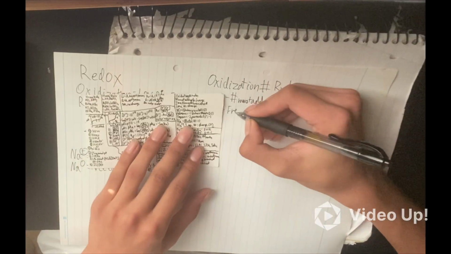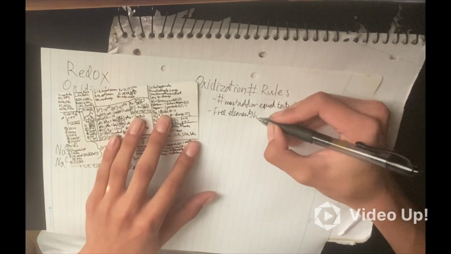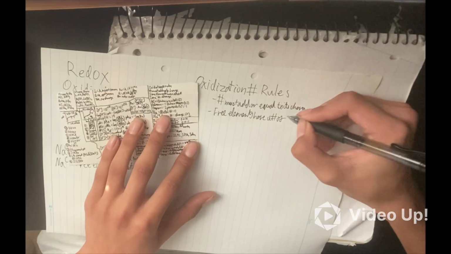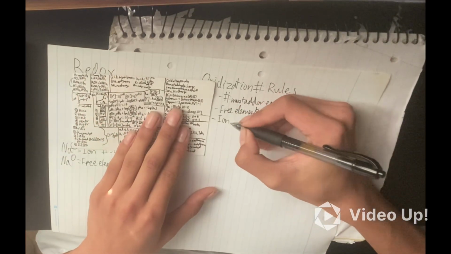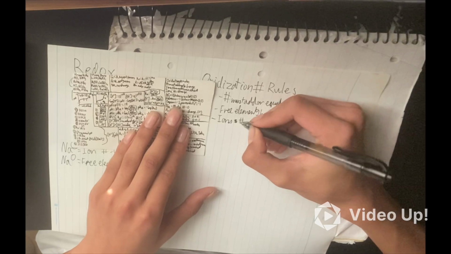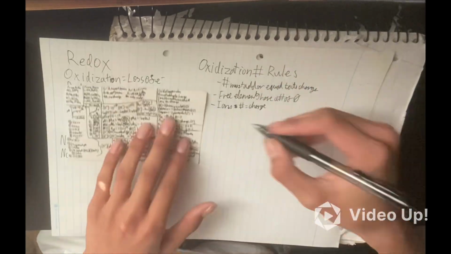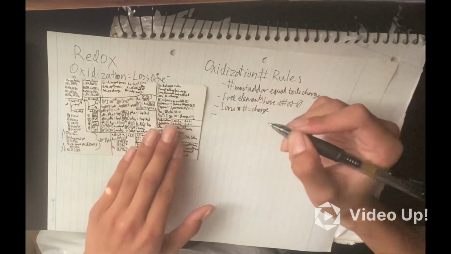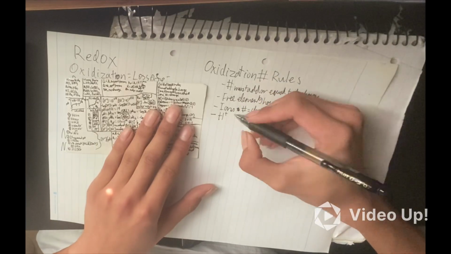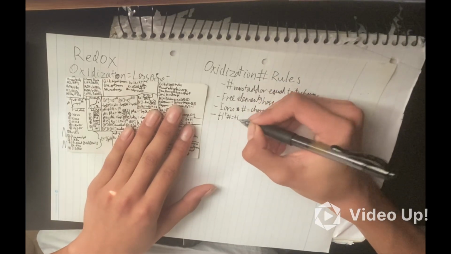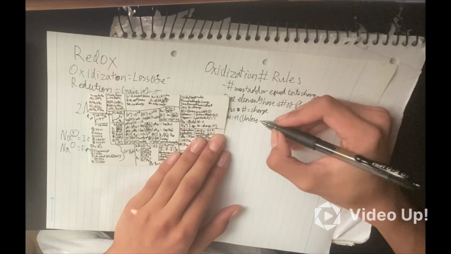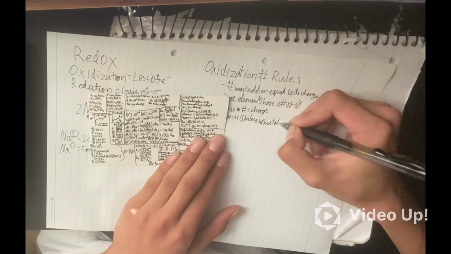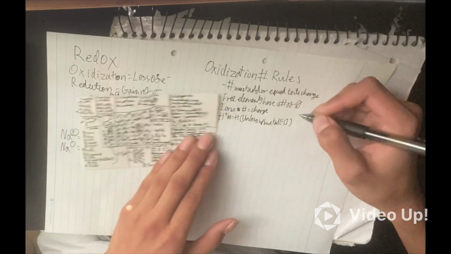Free elements have a number of 0. Next, ions have their number equal to their charge. Again, as you saw with sodium. Then now we get into the more specific things. So for hydrogen, the number is equal to +1 unless it's with a metal, in which case it will become a -1.